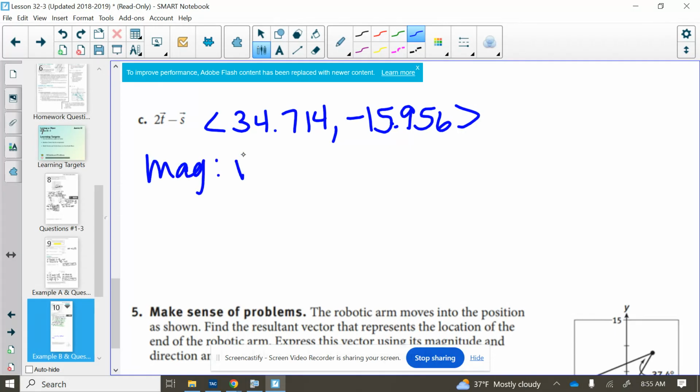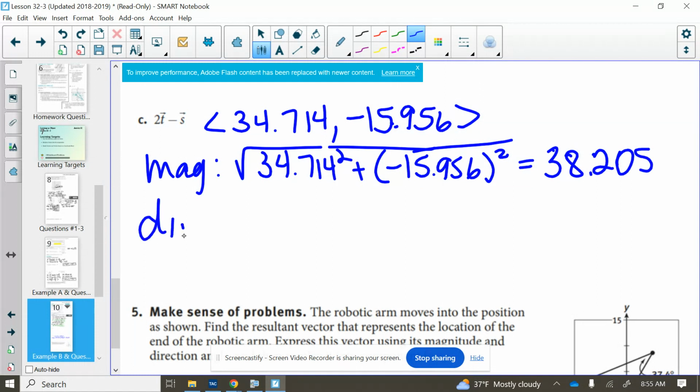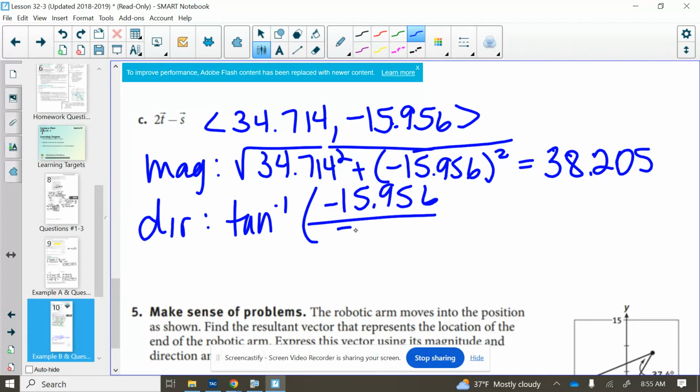Magnitude now is going to be the square root of 34.714 squared plus the negative 15.956 quantity squared. We should be getting approximately 38.205. And then the direction is going to be tan inverse of our b value divided by our a value.